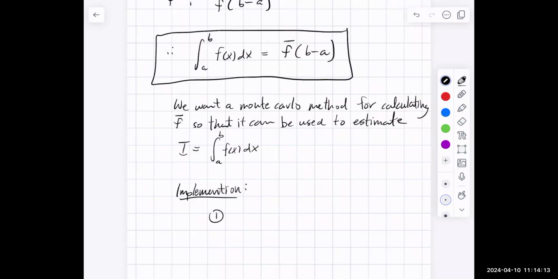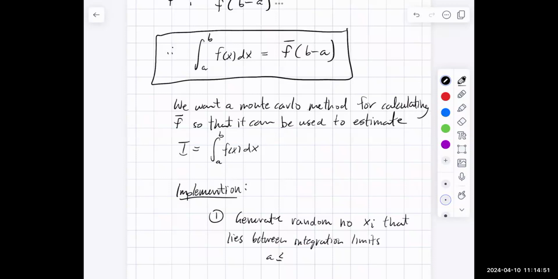So the first step is we're just going to generate a whole bunch of random x values that lie between a and b. So generate a random number, say xi, that lies between the integration limits.